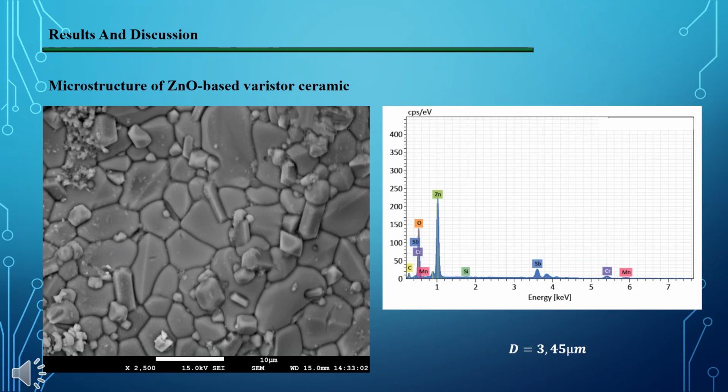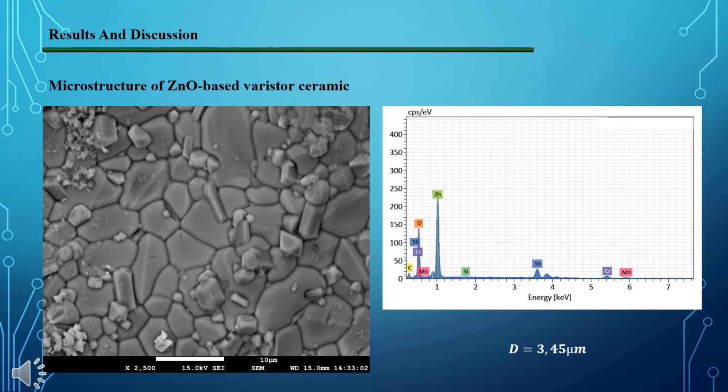This figure shows the SEM micrograph of the nano-based varistor ceramics, sintered at 1218 degrees Celsius for 2 hours. The microstructure consists of a ZnO grain as a primary phase and an intergranular layer as a secondary phase.